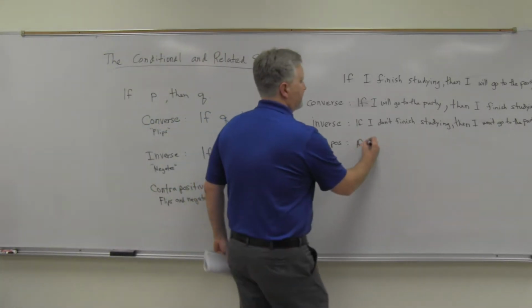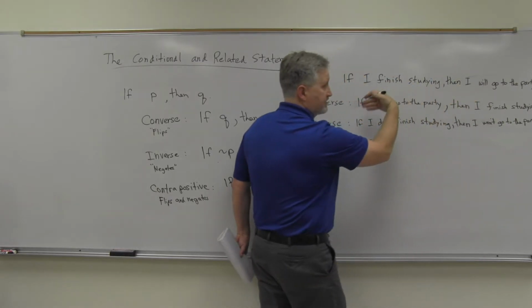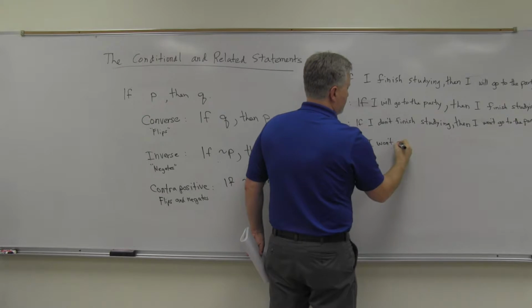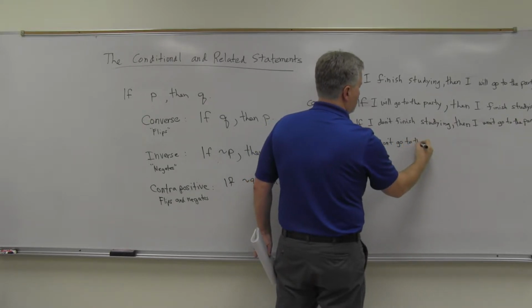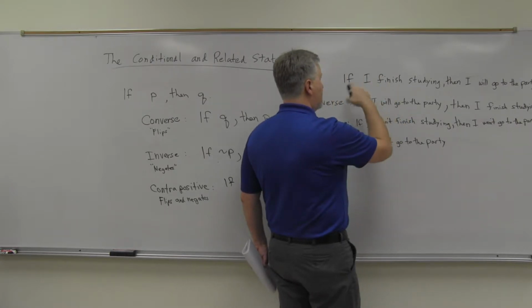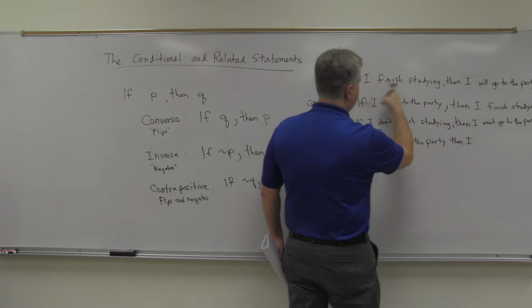So if I won't go to the party, so I flip this one to the if part and negate it. So if I won't go to the party, then I don't finish studying.